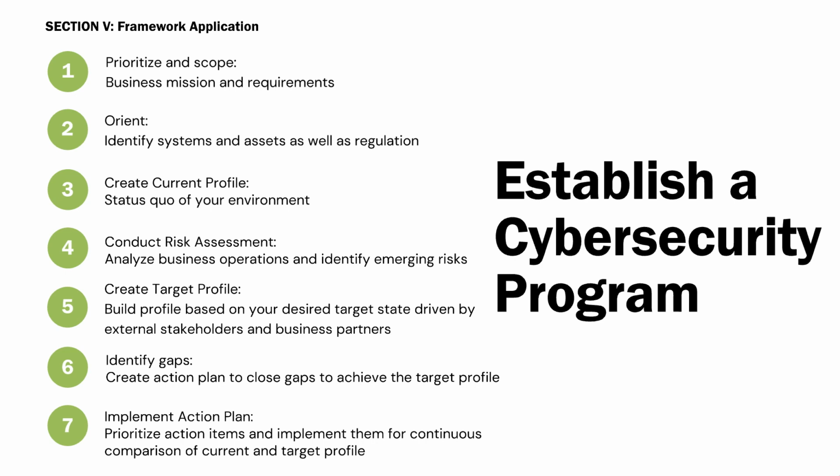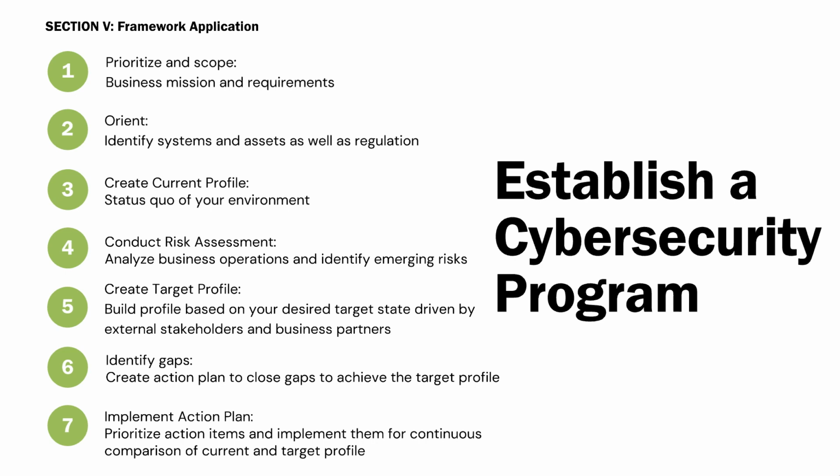The organization may also consider influences and requirements of external stakeholders such as sector entities, customers, or business partners when creating a target profile. The target profile should appropriately reflect criteria within the target implementation tier.